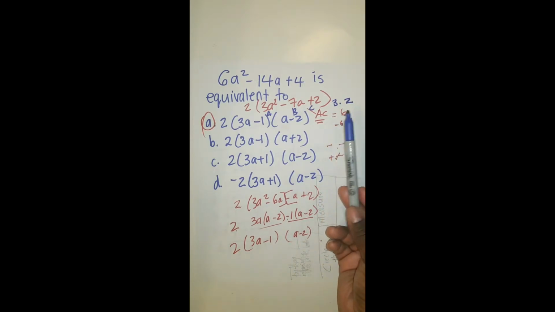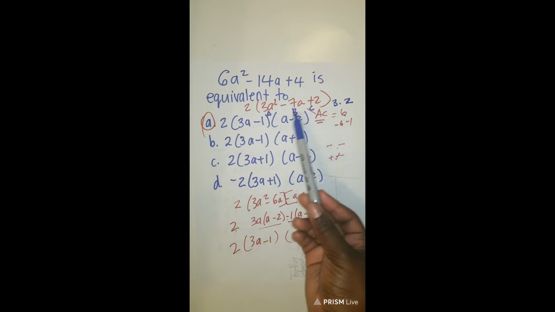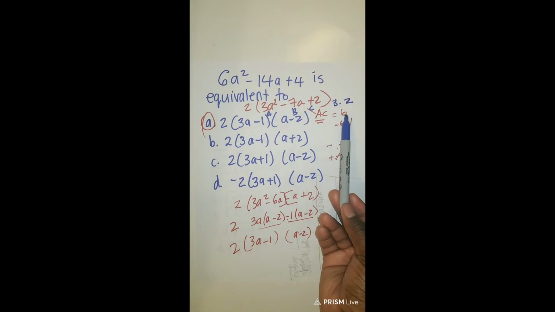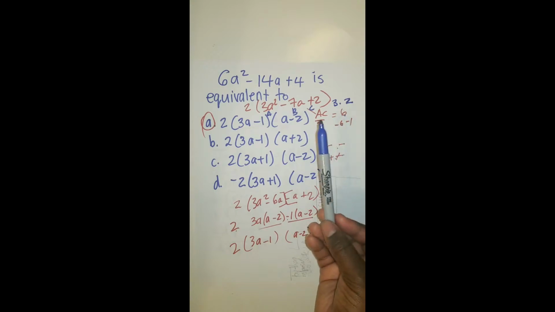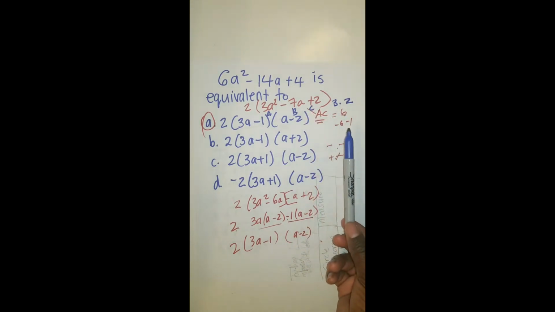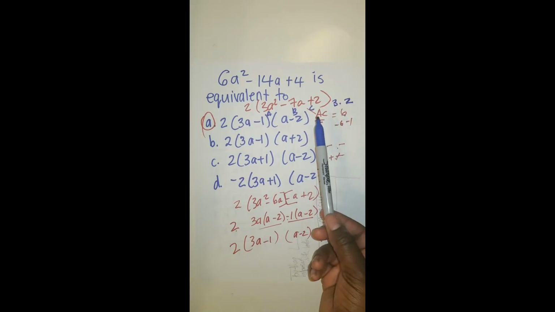Alright, so for this 6, we need 2 numbers, 2 factors, that when we add them, we get the B value, which is negative 7, but when you multiply them, you get AC. Alright, and so factors of 6 are both positive numbers and negative numbers. That's one thing you need to remember. Factors of a number are both positive and negative.